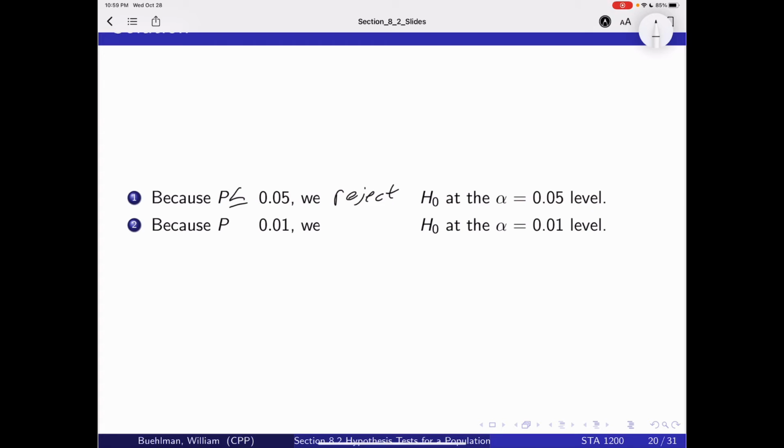For the second one, because the p-value was greater than 0.01, we do not reject the null hypothesis at the alpha equals 0.01 level.